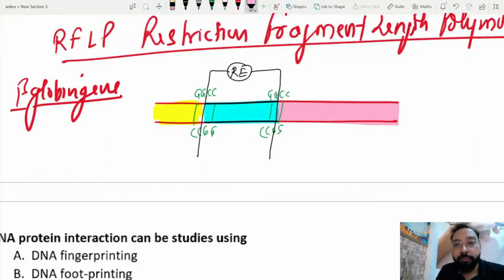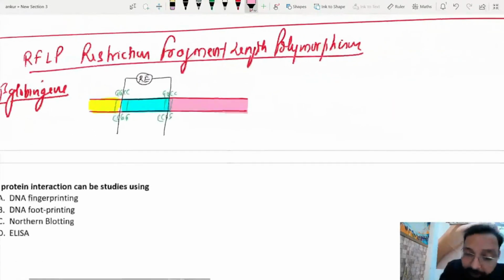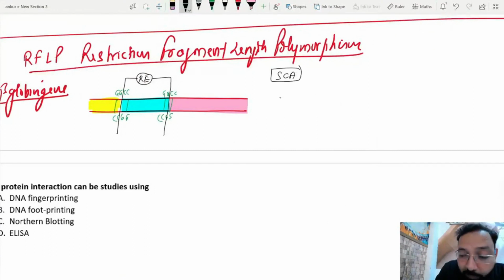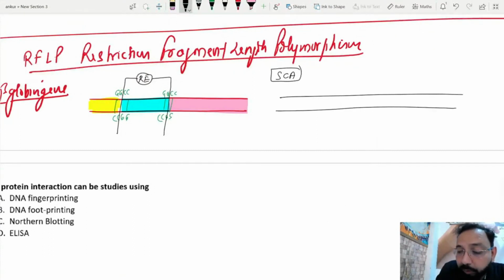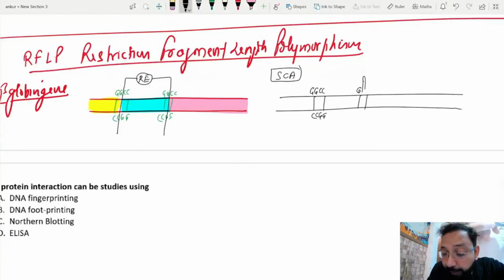We also know that in sickle cell anemia there is a point mutation in the beta globin gene, and due to this point mutation, GGCC becomes GACC, GGCC.